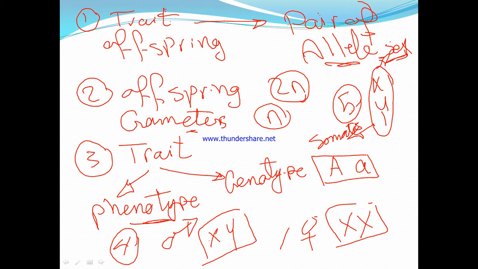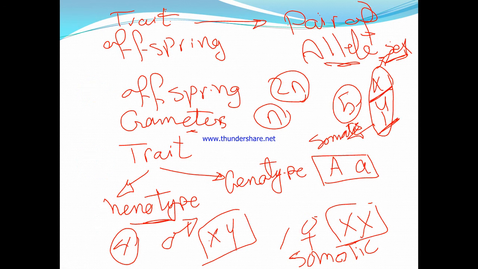Point 4, we have 2 sex individuals or 2 types, female with X and X, male with X and Y. Also, you can say both male and female carry somatic chromosomes plus the pair of sex chromosomes. The last point, X and Y, both of them carry sex genes and somatic genes.